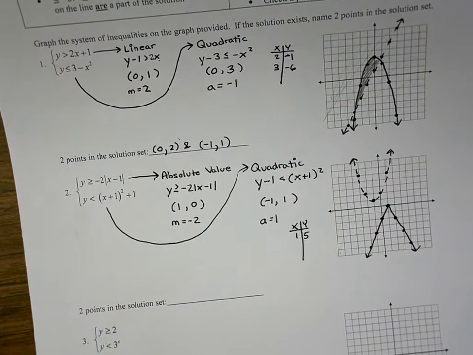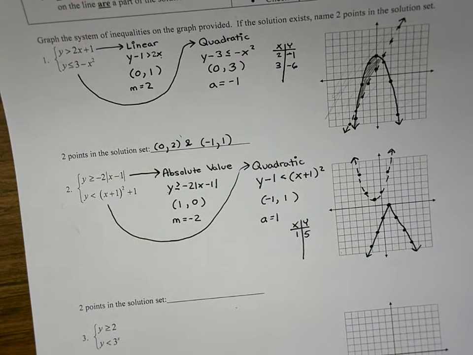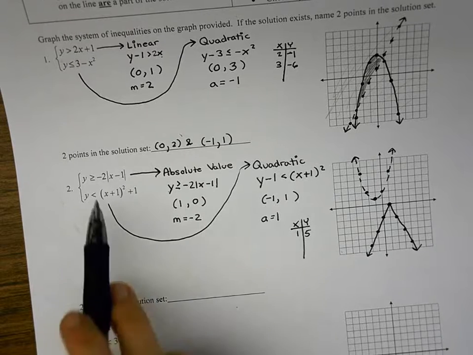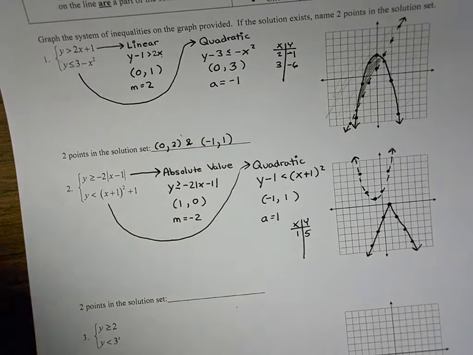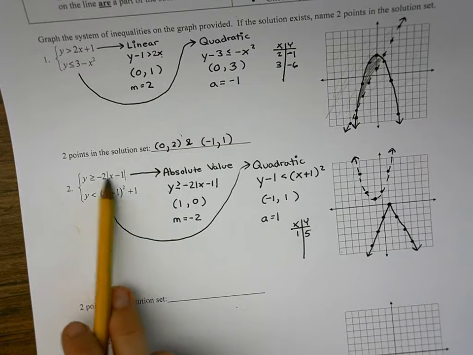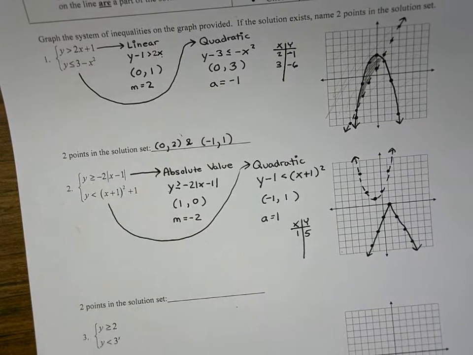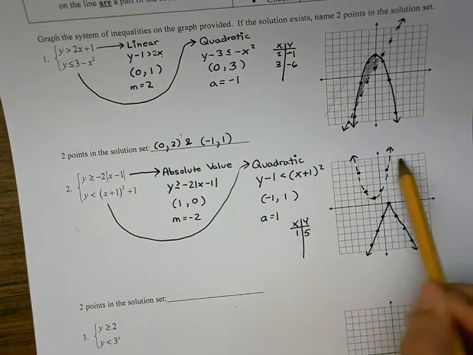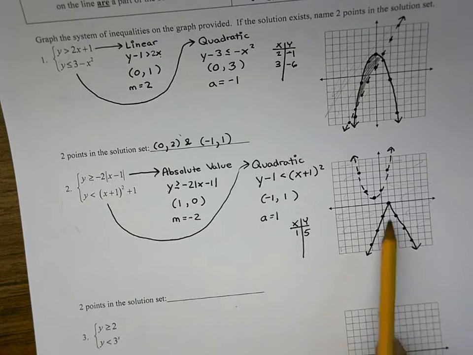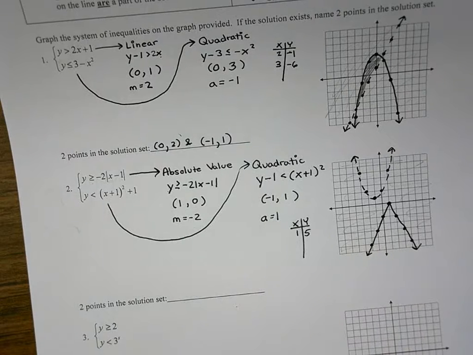Okay? And then shaded region, are we shading above or below? Okay, well, take a look at your absolute value first. In this case, my shaded region is greater than my absolute value. So I'm going to be shading above the absolute value. So that'd be everything over here. Everything except for this little triangular piece, which is below the absolute value.